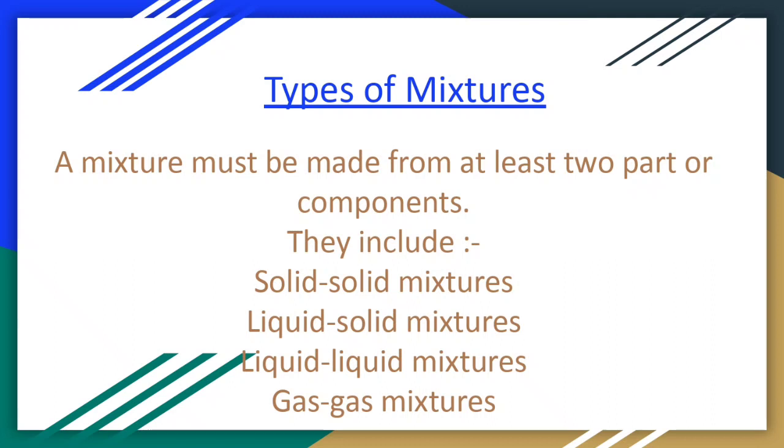That is a very good example of a mixture of a liquid and a solid. Then we move on to liquid mixtures. Here we are talking about two liquids that are mixed together. A good example would be water and ethanol. Also water and paraffin, and so on and so forth.